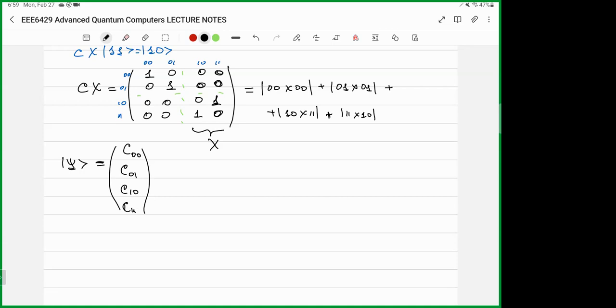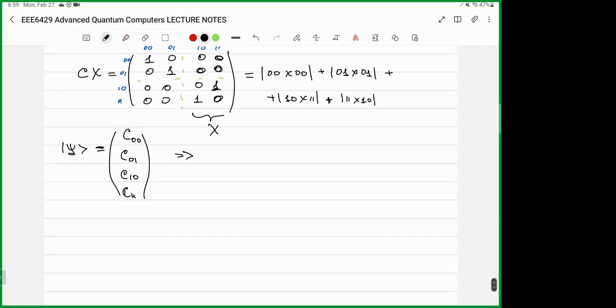When I apply my CNOT gate on this state C00, C01, C10, C11, the procedure is exactly the same.